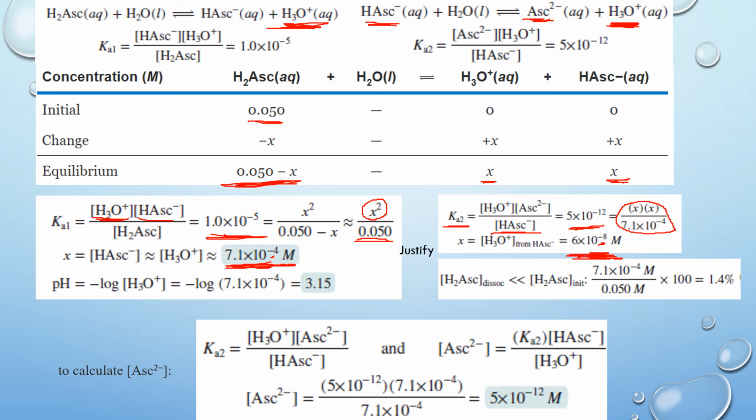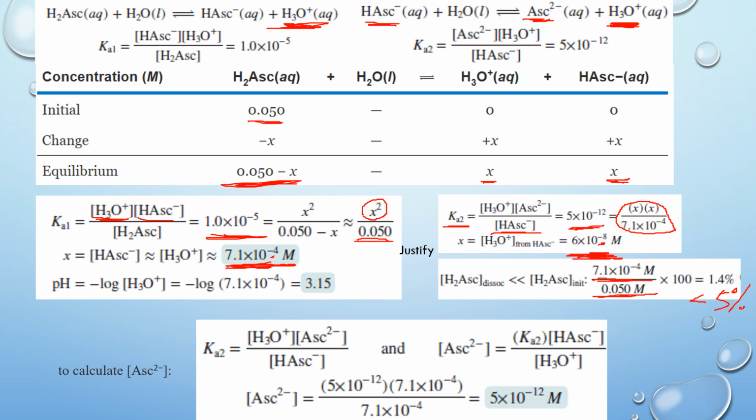My second assumption is that this x value in the first reaction is much smaller compared to the initial concentration. This x value is 7.1 times 10 to the negative 4, and the initial concentration is 0.05, so the relative percentage is 1.4, which is less than 5%. So both of our assumptions are valid, are justified.